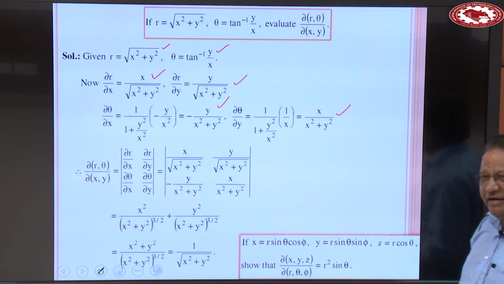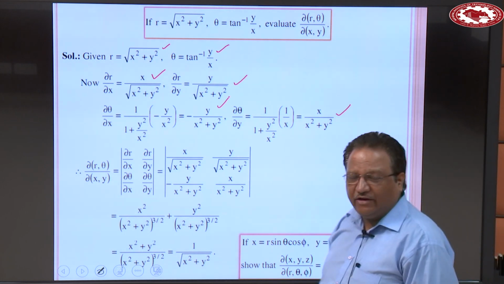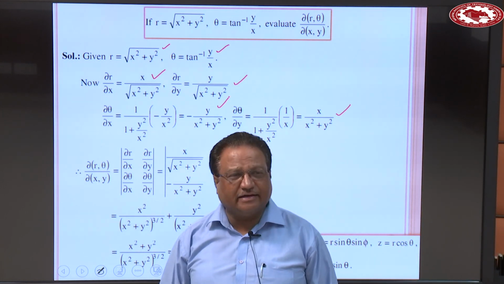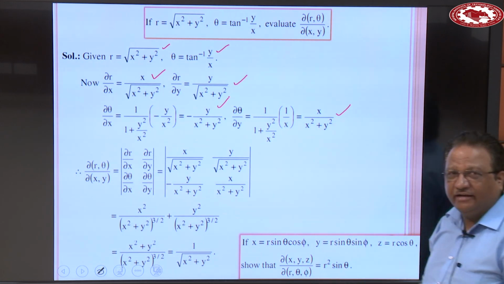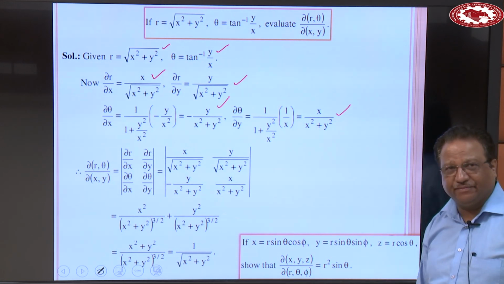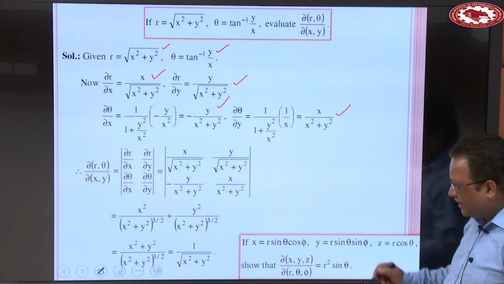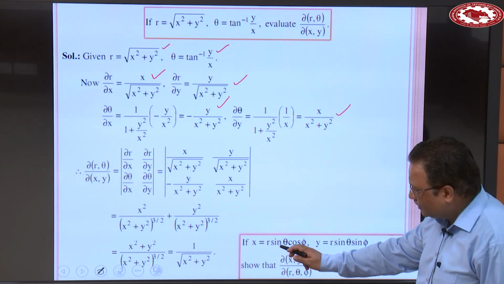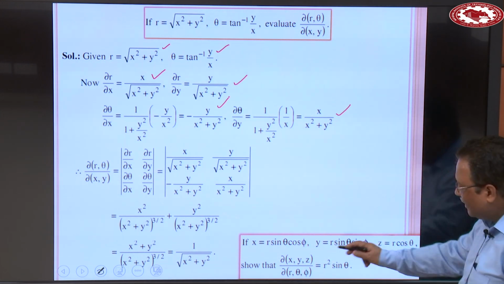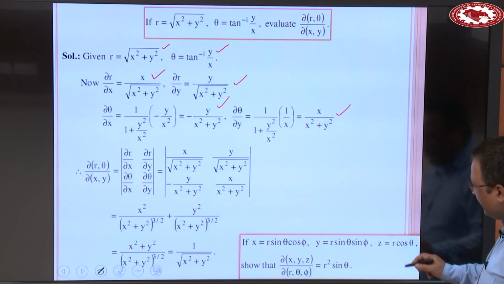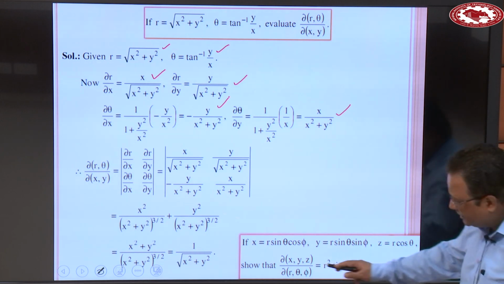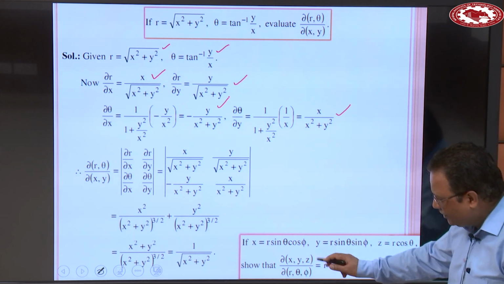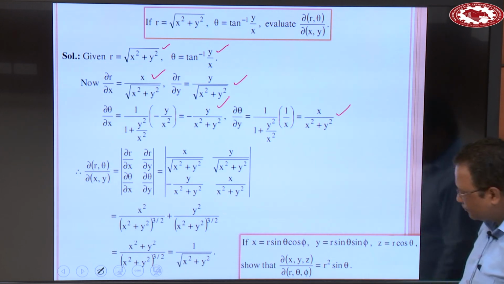In triple integral problems, when we convert the rectangular coordinate system to the spherical polar coordinate system, we need this type of transformation. In that case, we substitute x, y, z like this, and the value of the Jacobian is r squared sin theta.